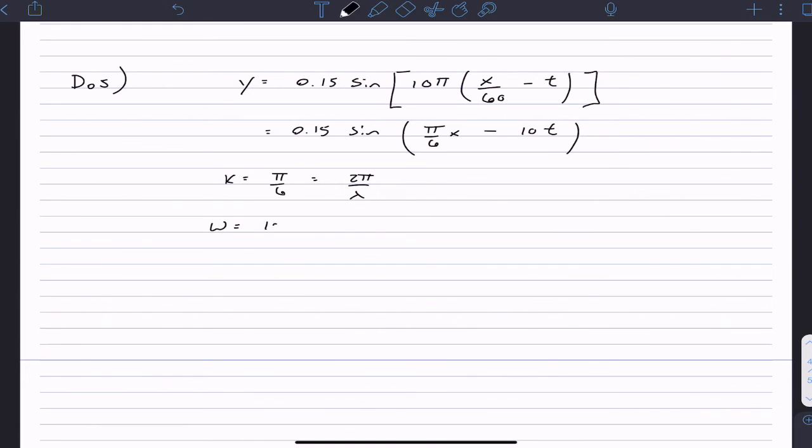Omega is equal to 10 pi, which is equal to 2 pi f. So that means that f is 5 hertz. Lambda then is equal to, well, these go away, right? 12 meters.